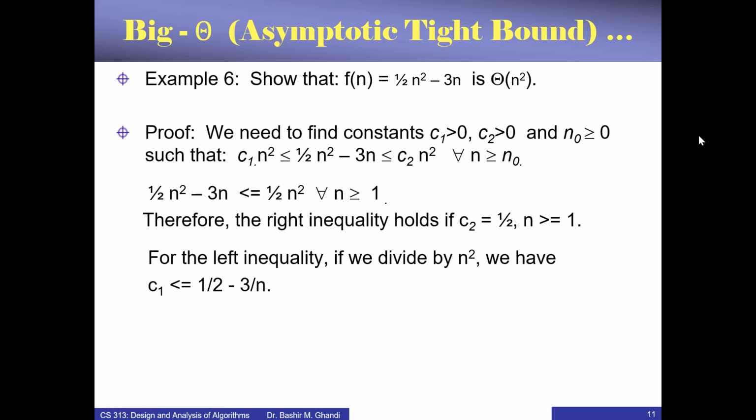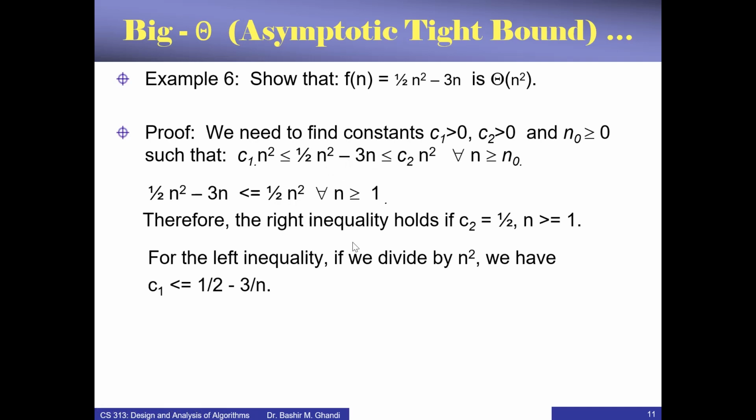So this is how we do it. We say for the left inequality, if we divide by n squared, what do we have? So we will have just C1 here. We are concerned with this left inequality. C1 n squared is less than or equal to half n squared minus 3n.